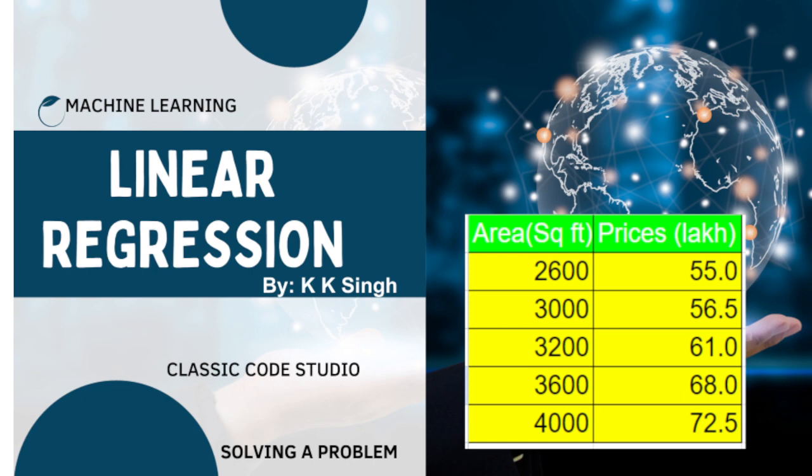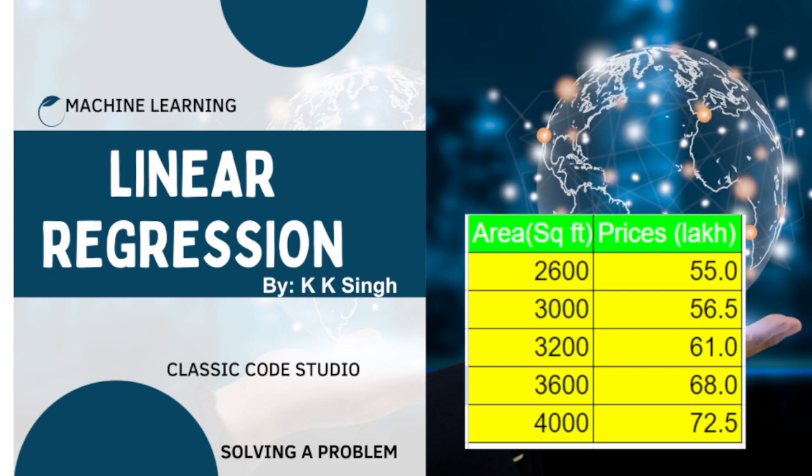So here there are some samples: if the house area is 2600 square feet, the price is 55 lakhs, and if the home area is 30,000, then the price is 56.5 lakhs, and so on.